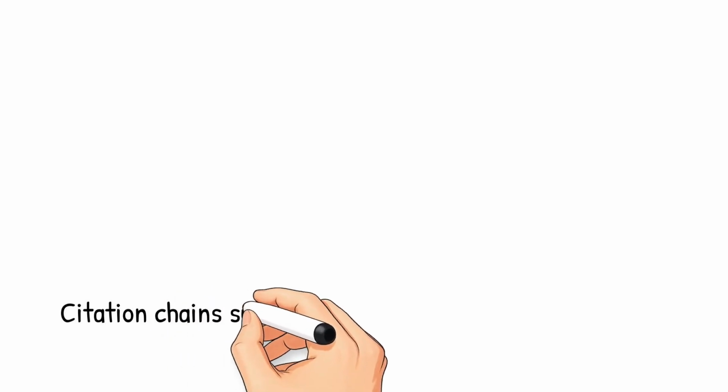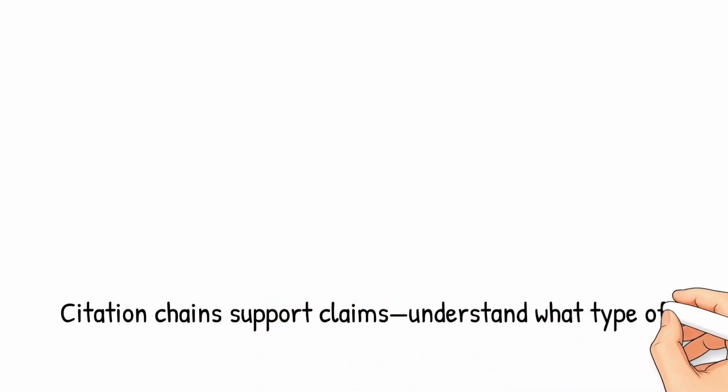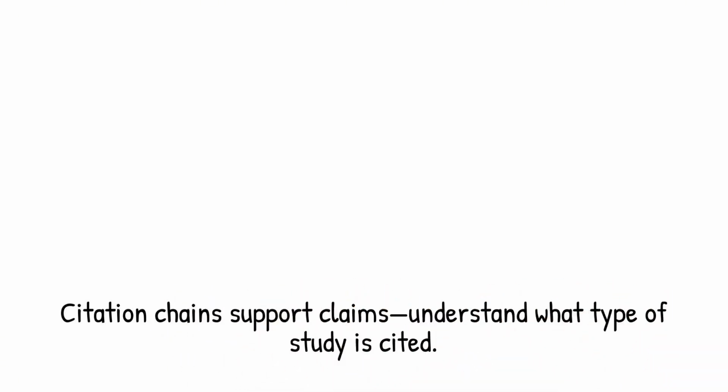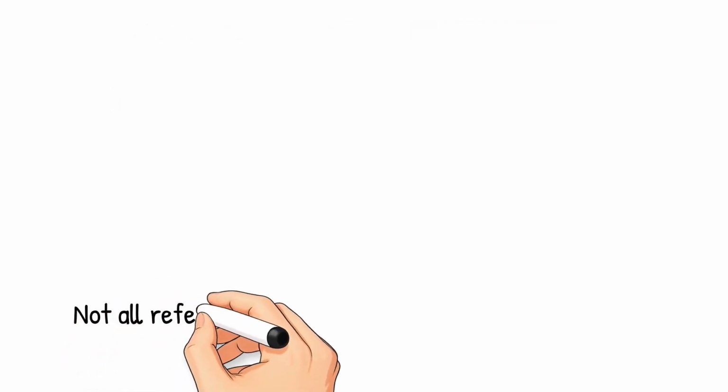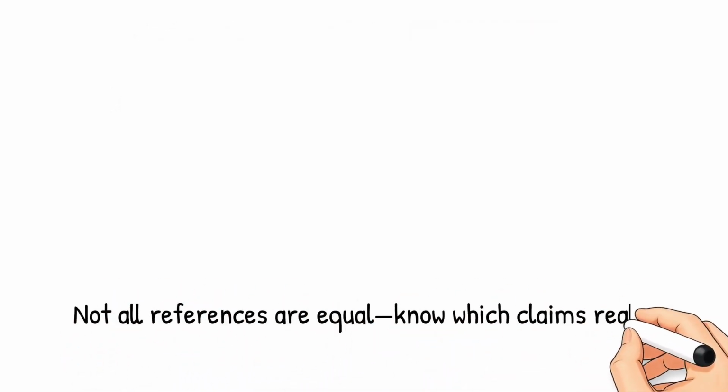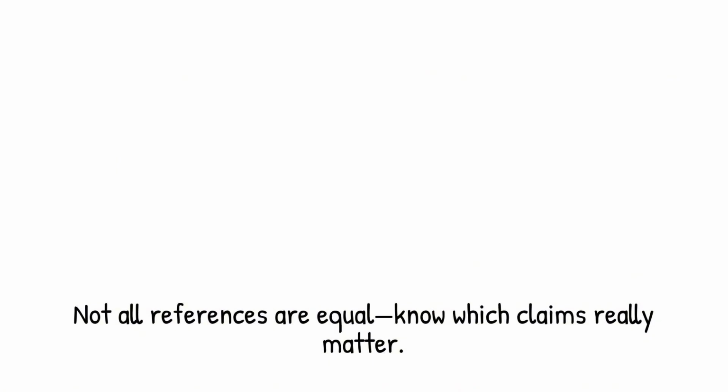In Buser 2017, the authors cite references 13 to 21 to support the claim that roughened surfaces produce faster bone acquisition in animal models, and references 22 to 34 to support the claim that modern rough surfaces outperform the original ones clinically.